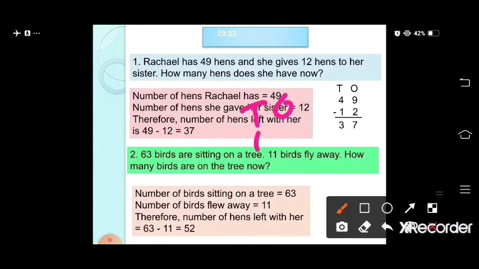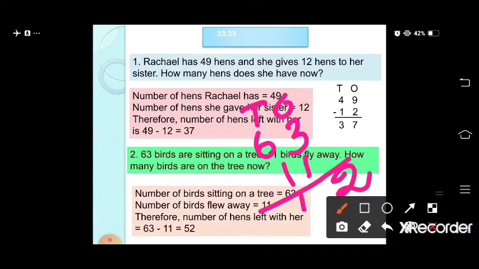It was 63. Okay, now 11 fly away. So 3 minus 1, 2; 6 minus 1, 5. So now the birds you have are 52. So the number of birds sitting on the tree you have to write. So this writing part is important here. Okay.